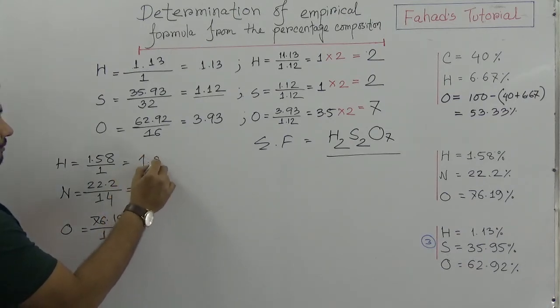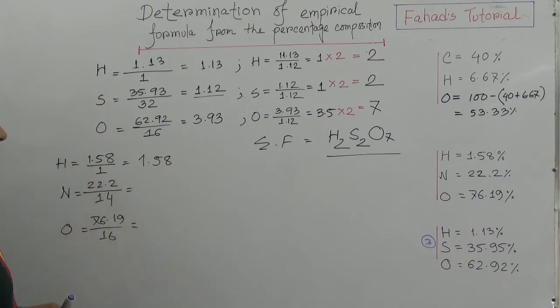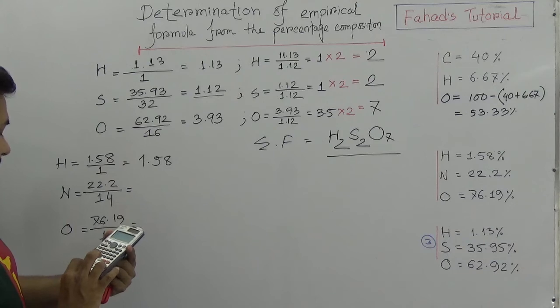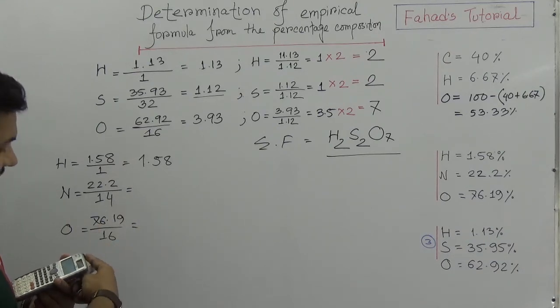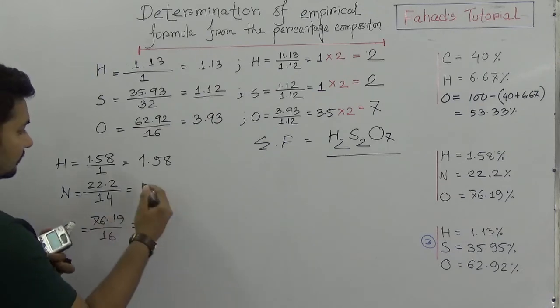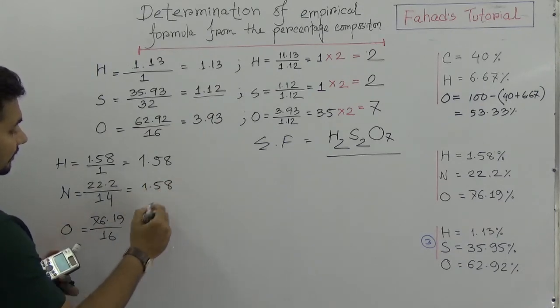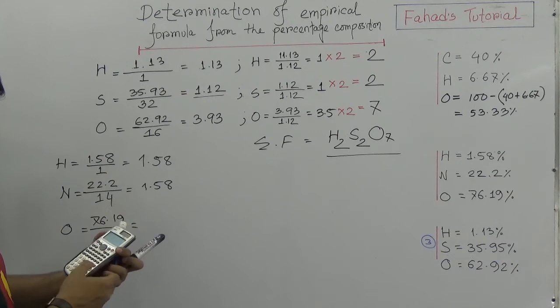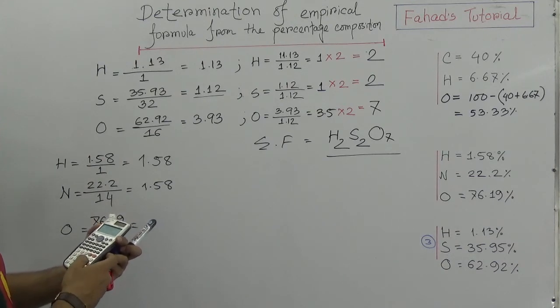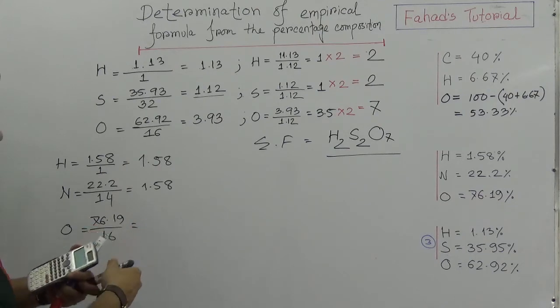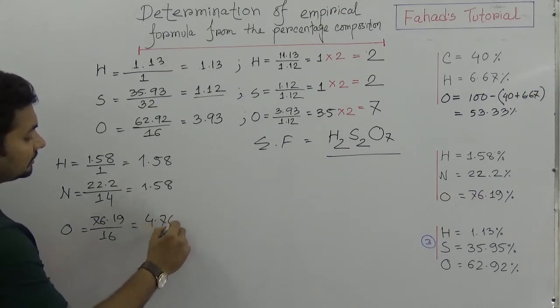So it would be 1.58 and 22.2 divided by 14 is actually 1.58. And 76.19 divided by 16 is 4.76.